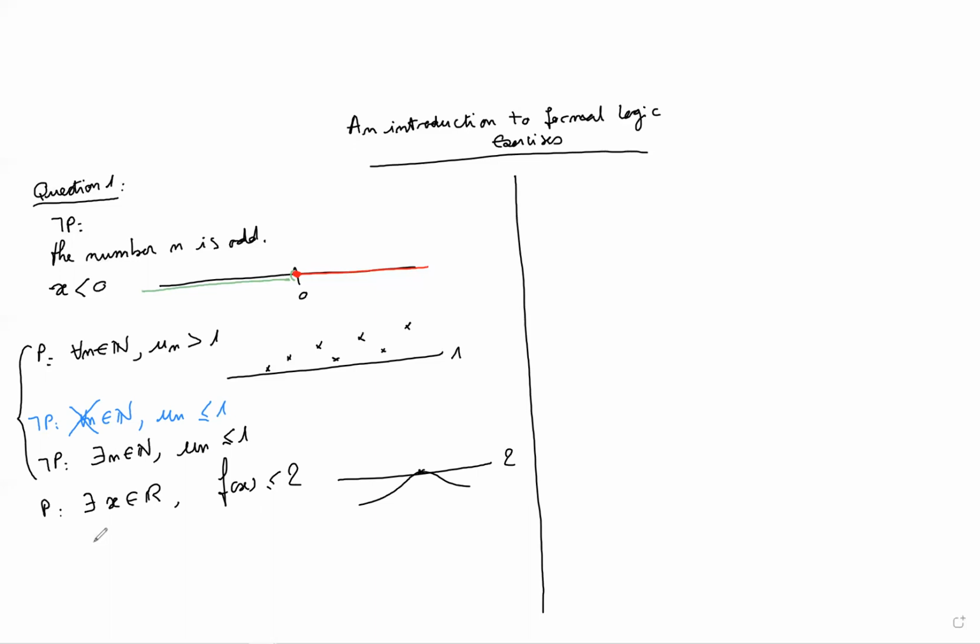And the negation of this is none of them is above 2, which means all of them are below, which means for all real numbers x, the image by f is below 2.